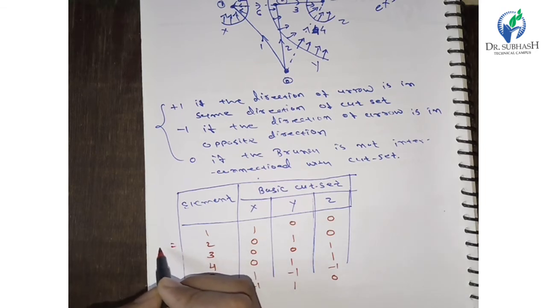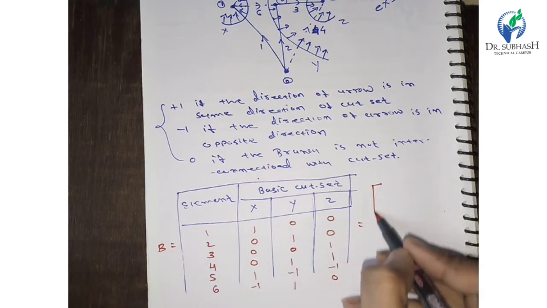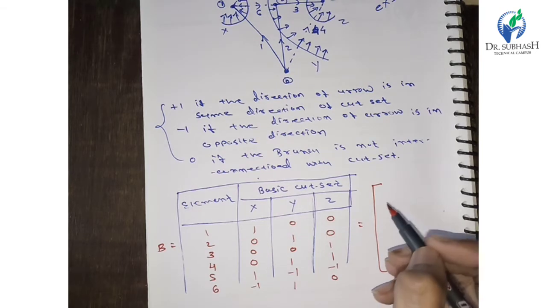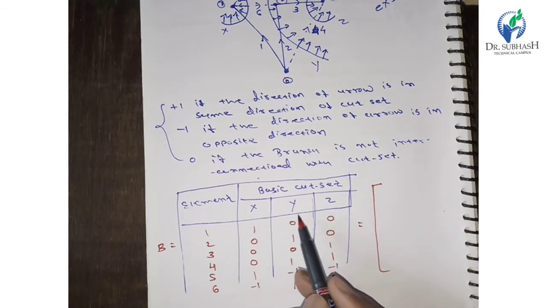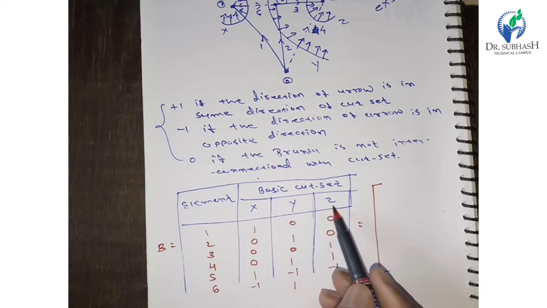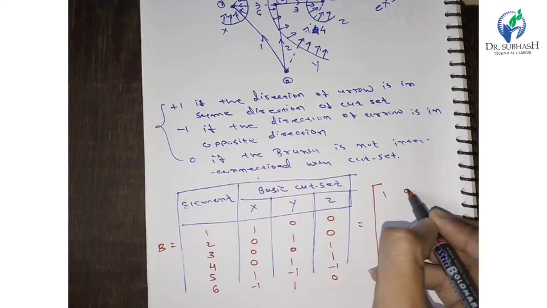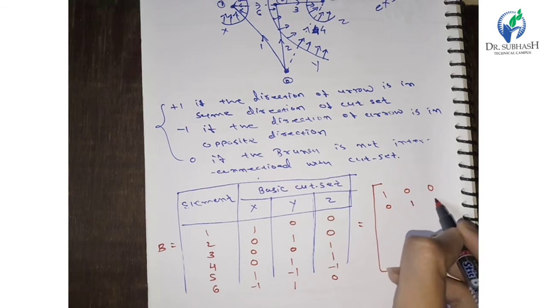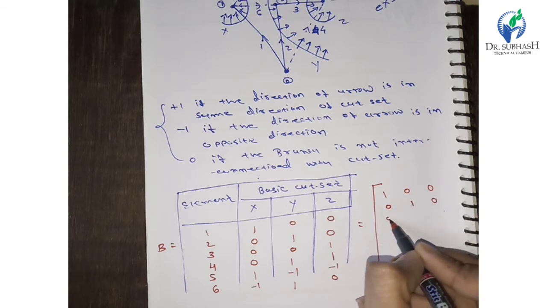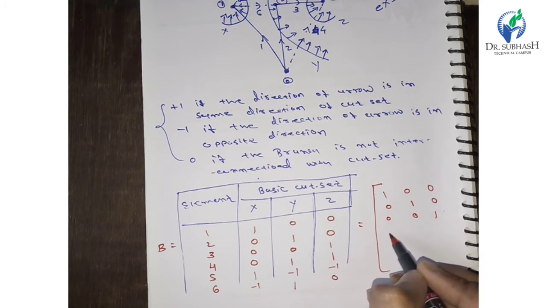This is a matrix, so here is the matrix conversion. In the conversion we take the values of basic cut sets x, y and z against elements 1 to 6: 1, 0, 0, 0, 1, 0, 0, 0, 1.